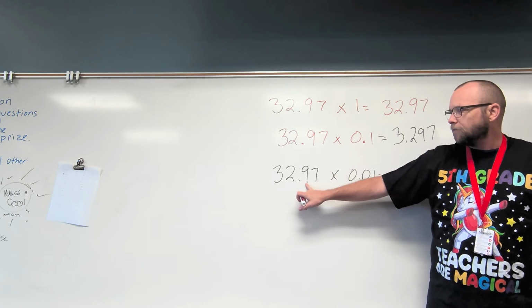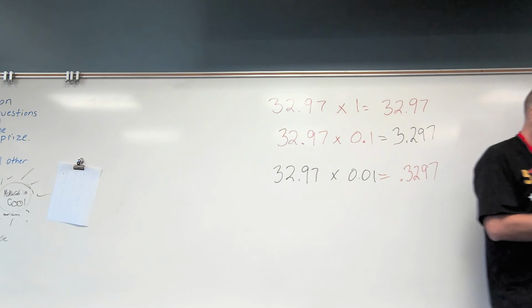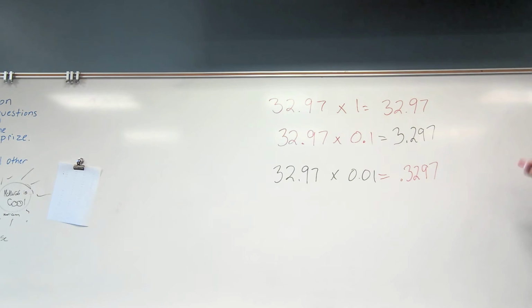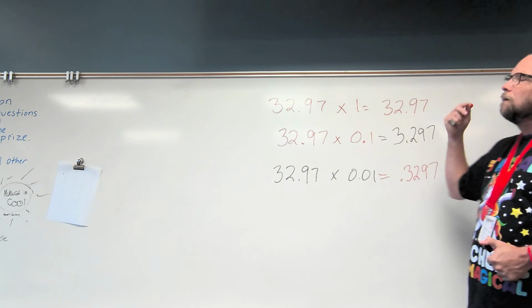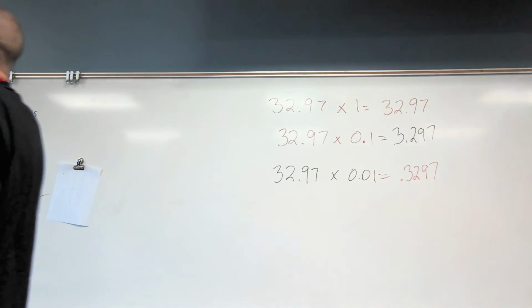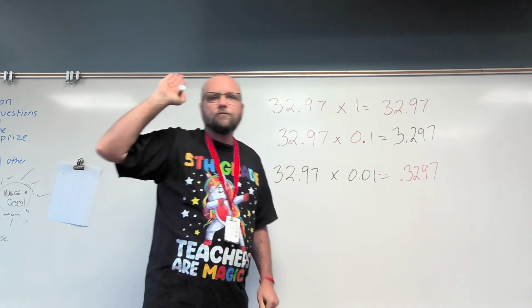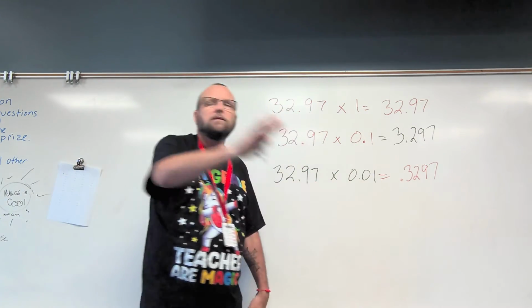So this would be 1/10 of what it is, and this would be 1/100th of what it is. The same thing we did when we multiplied by powers of 10 that are greater than 1, we do the opposite when we multiply by powers of 10 that are less than 1.